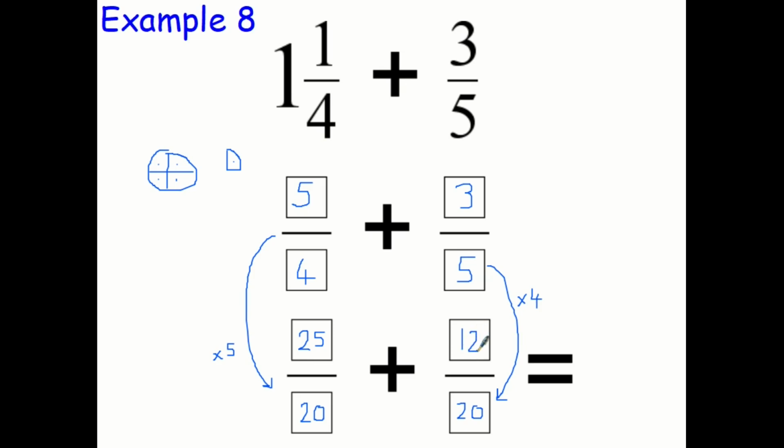So 25 plus 12 gives me, oh no, 37/20ths. 37/20ths, which is 1 whole and 17/20ths.